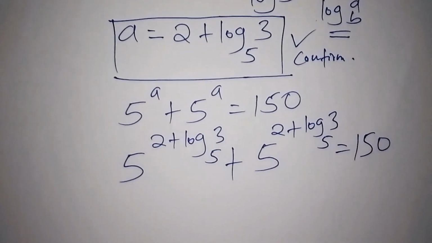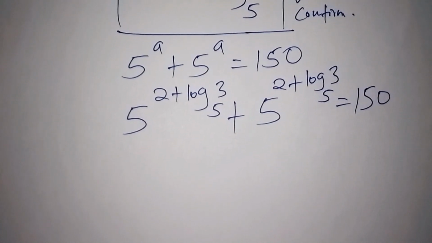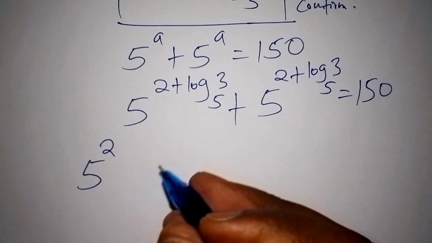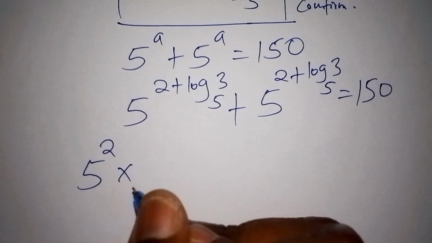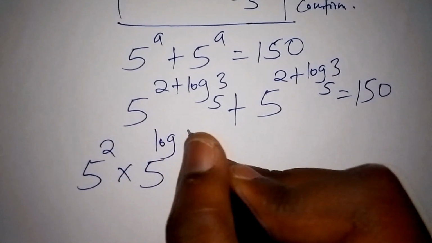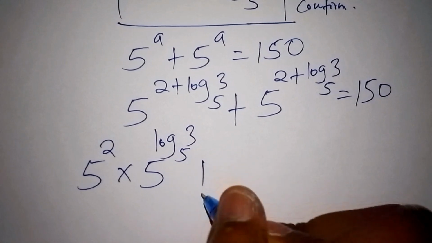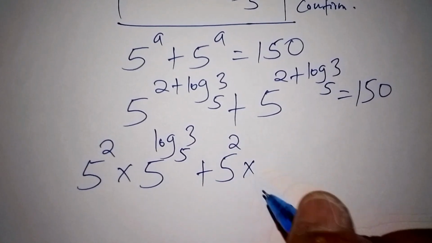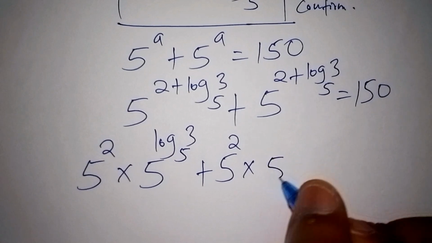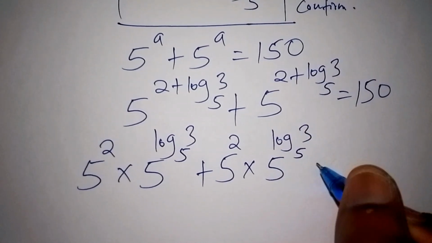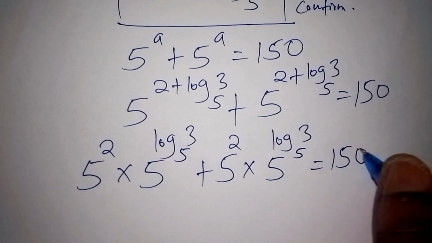We can split 5 to the power of 2 there, so the plus changes to multiplication: 5 to the power of 2 multiplied by 5 to the log of 3 to the base of 5, plus 5 to the power of 2 multiplied by 5 to the log of 3 to the base of 5, is equal to 150.